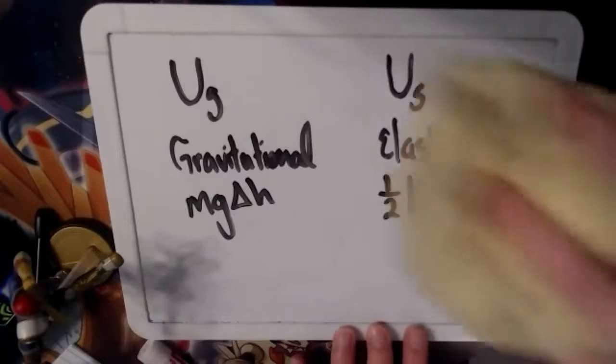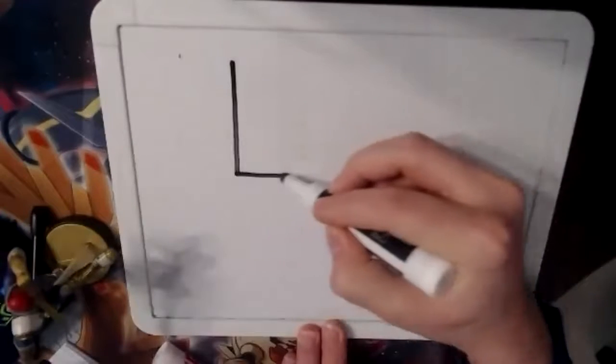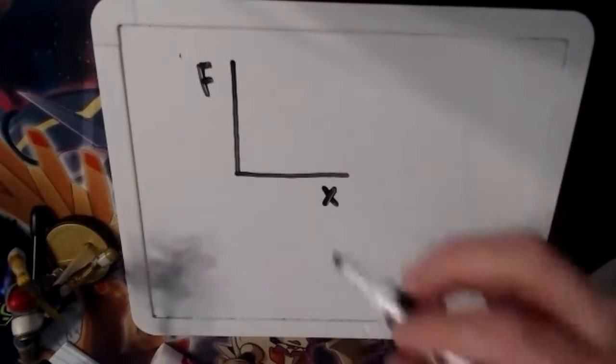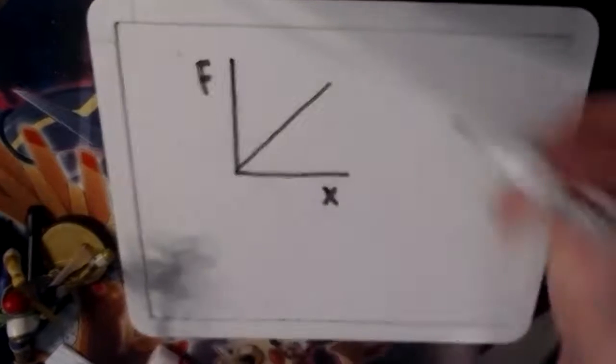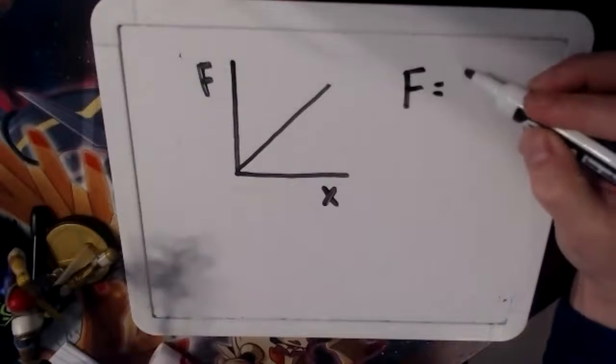Let's see how this goes. When I think of an idealized spring, I just think of force versus stretch. When you do that, you get Hooke's law, and you have the force versus the stretch of the object. As a result, we found this nice value, and we found that the force is equal to kx.